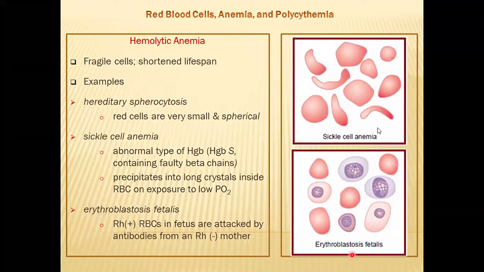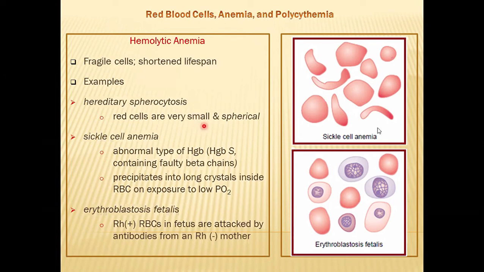Then another type is hemolytic. So hemolytic, the RBC are fragile and they have a shortened lifespan. An example of hemolytic type of anemia is a condition known as hereditary spherocytosis. So the red cells are very small and they are spherical.